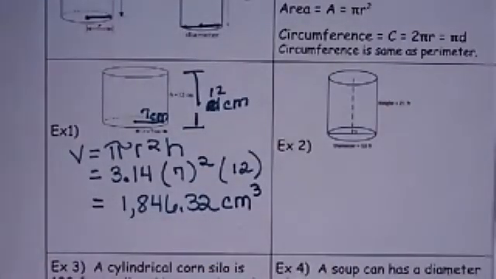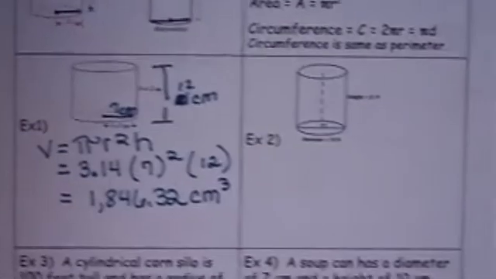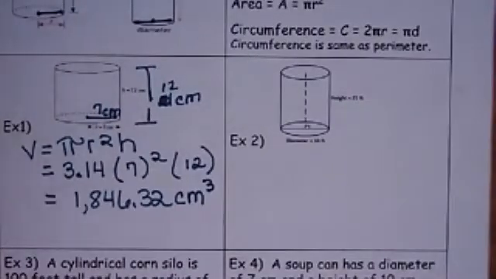Okay. Now you learned about those cubic units in 7th grade when you were doing volume of prisms. So it's still the same. Anytime you're looking for volume, it's always cubic units. Okay. Now, example 2 gives me a picture of a cylinder yet again.